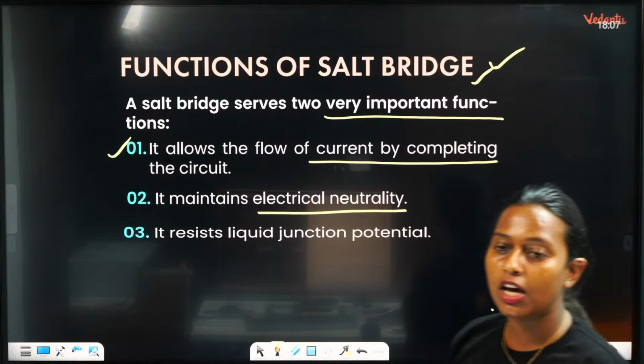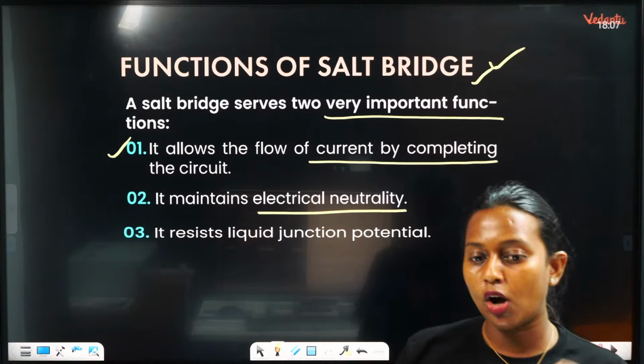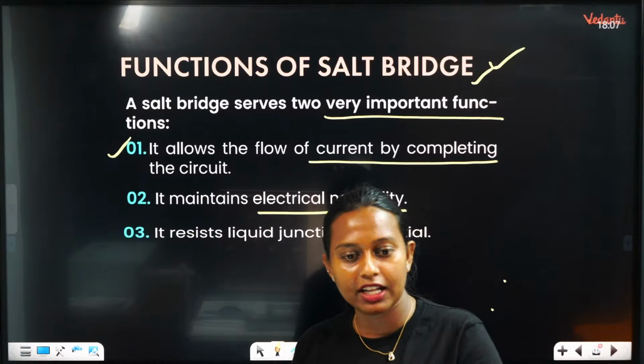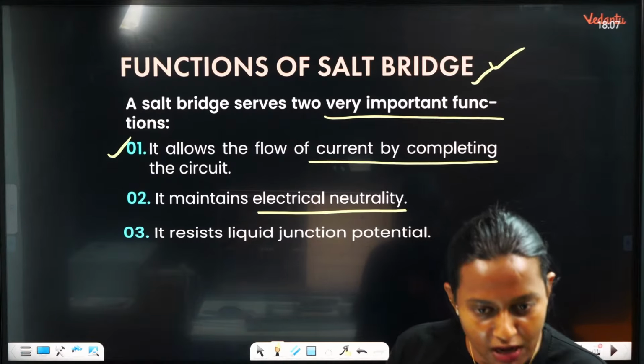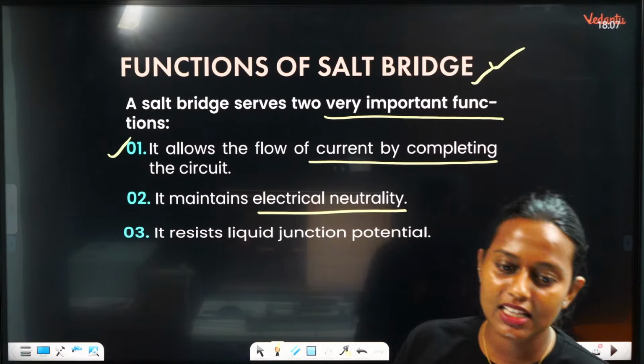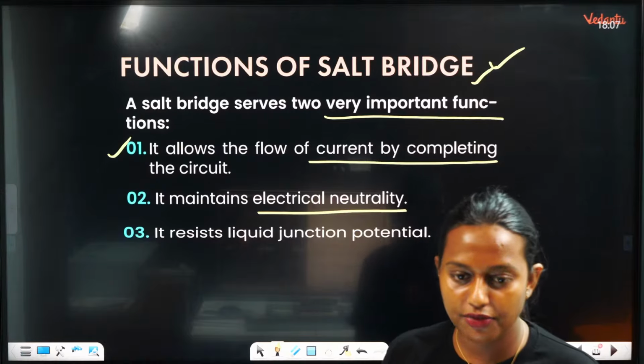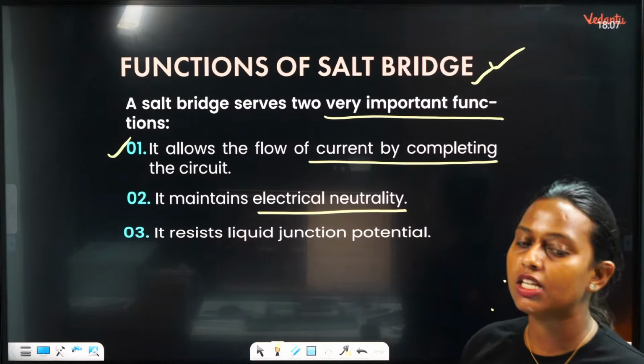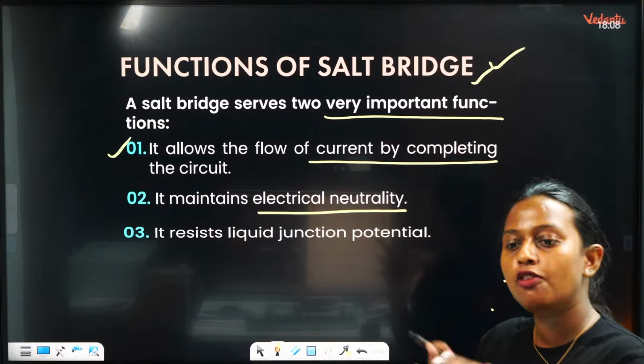So we are using a salt bridge because it requires an electrolyte with similar ionic velocity to maintain charge balance, whereas Na and Cl are not suitable because the mobility is far different.